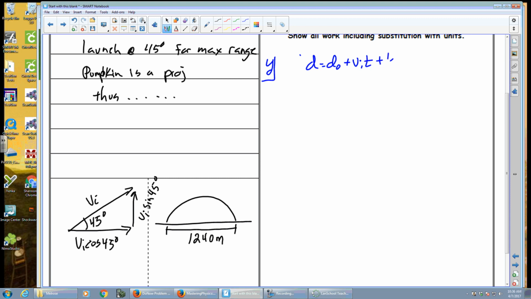Oops, I forgot my deltas. In the y, it's going to land at 0. It's going to start at 0. Its initial velocity in the y is positive vi sine 45 degrees times t plus 1/2. I took down as negative this time.